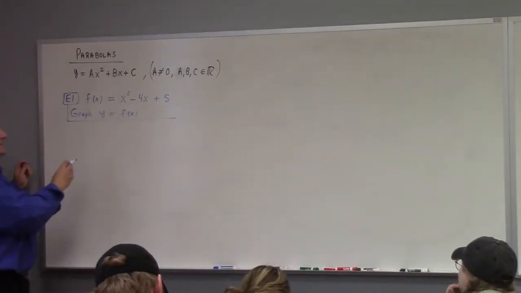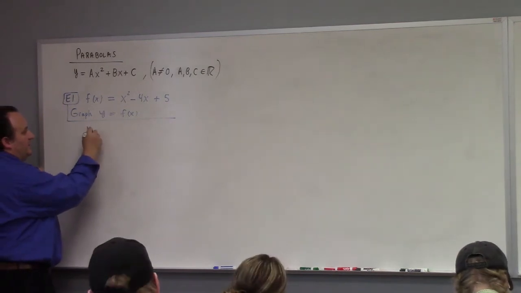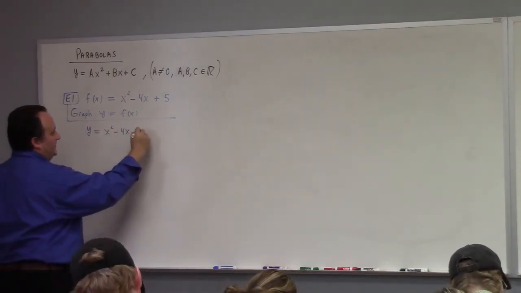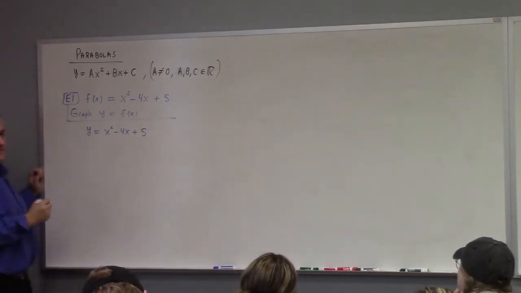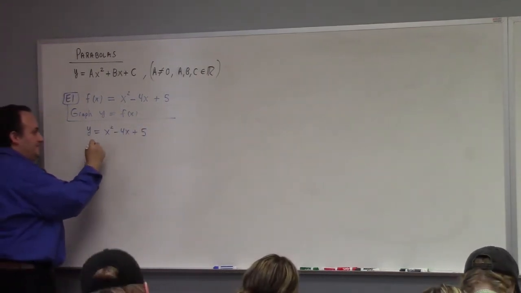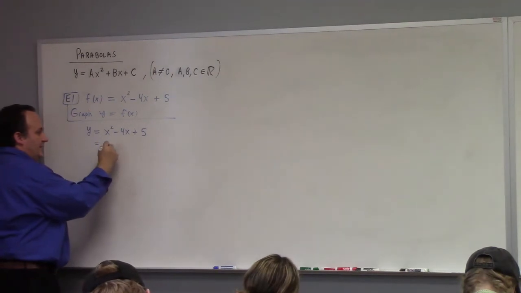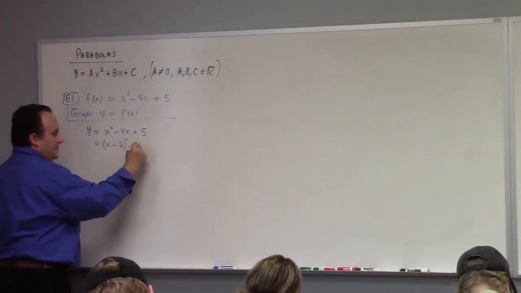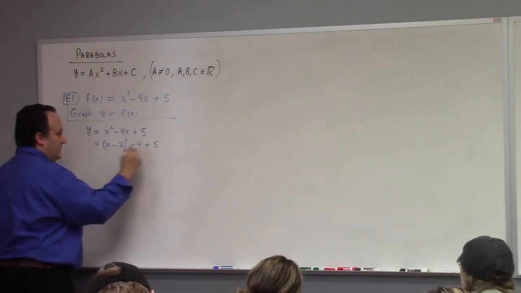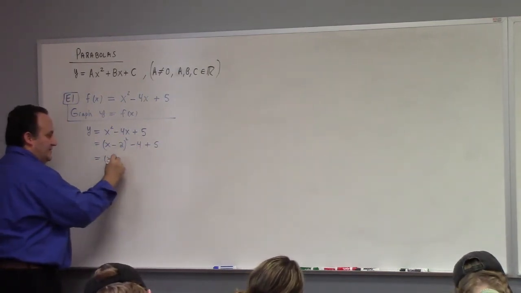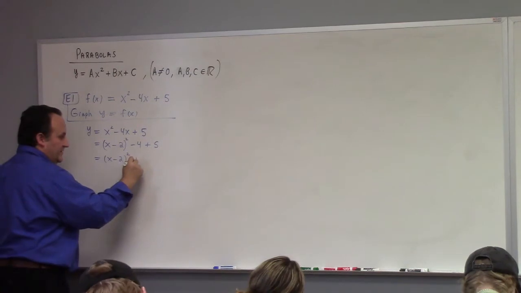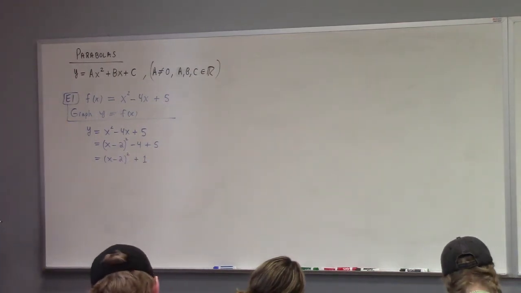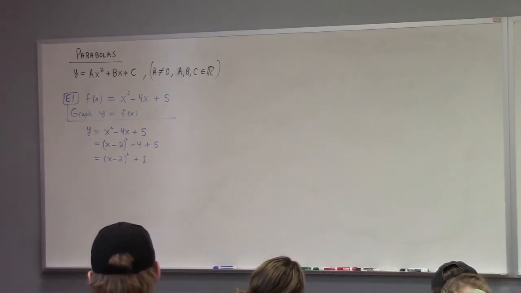So here we have y equals x squared minus 4x plus 5. If I complete the square on that, I get x minus 2 quantity squared minus 4 plus 5, and so that's x minus 2 quantity squared plus 1. There you go, we've completed the square.